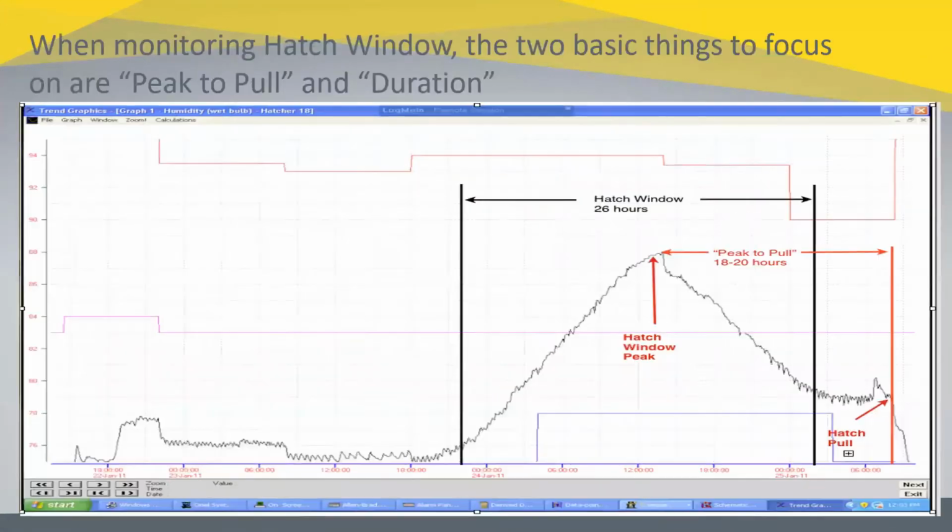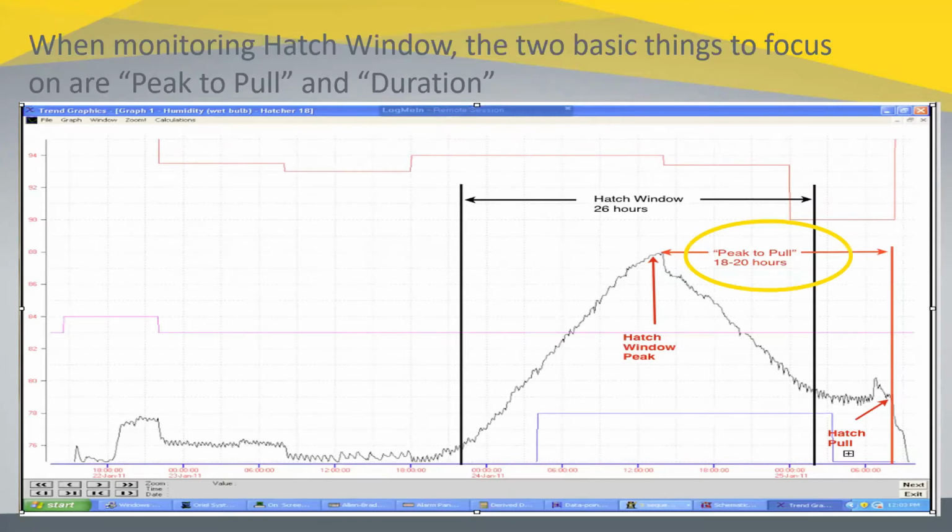When we look at it on a graph, and this is an example of a graph that was pulled up from an incubator or a hatcher machine, when monitoring that hatch window, there are a couple of things that I want to focus on here. One being, you see the same humidity curve, but I really want to see, when did my peak occur?